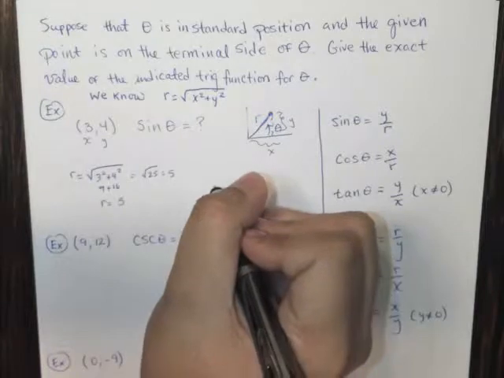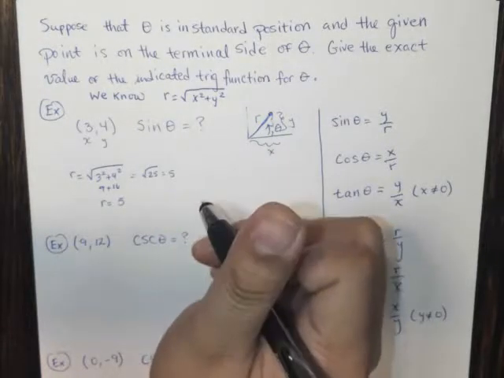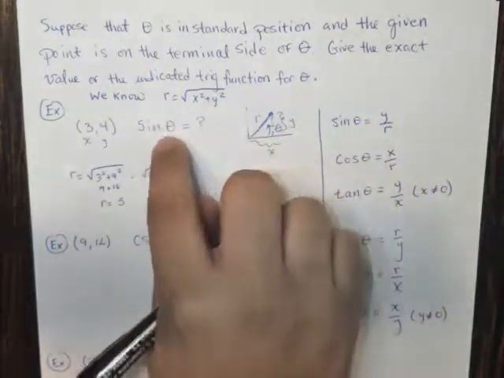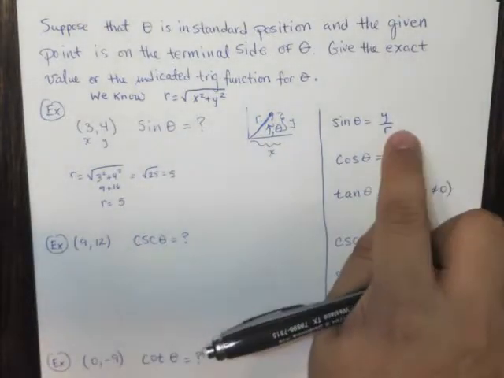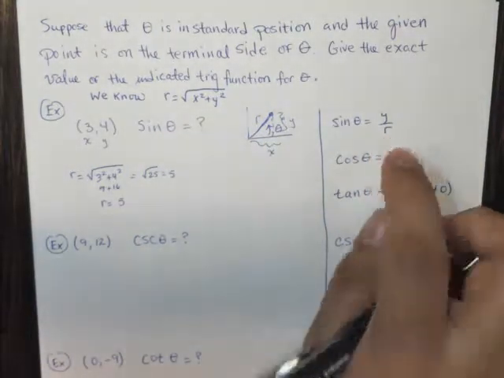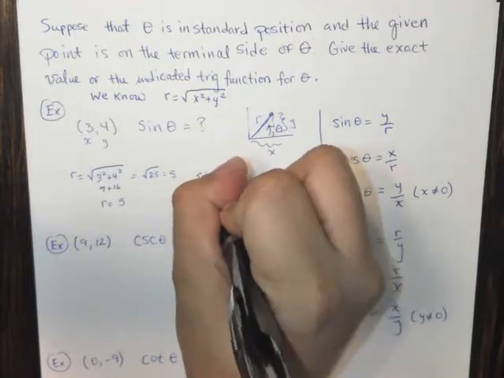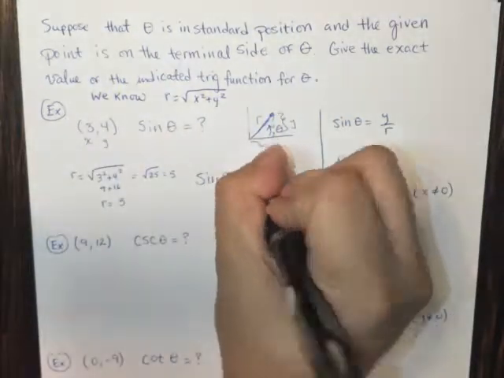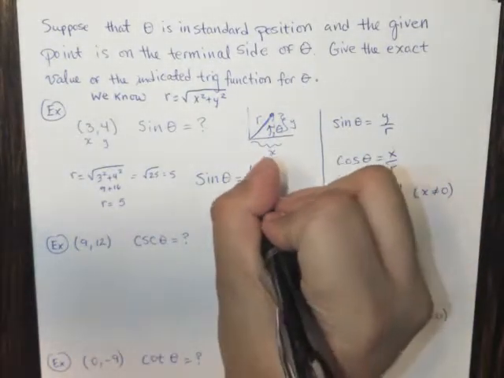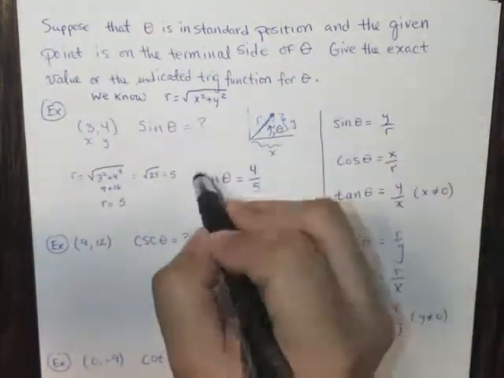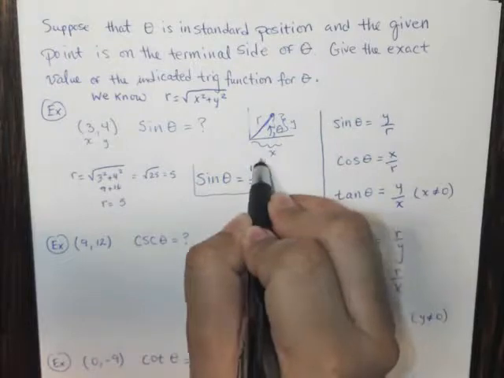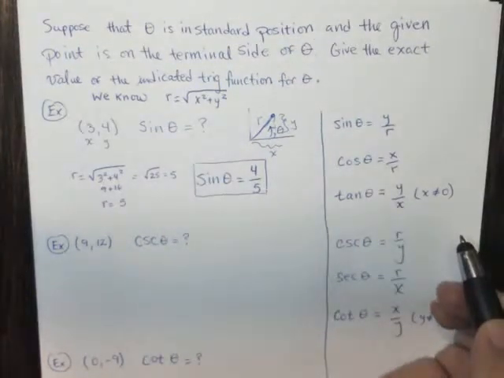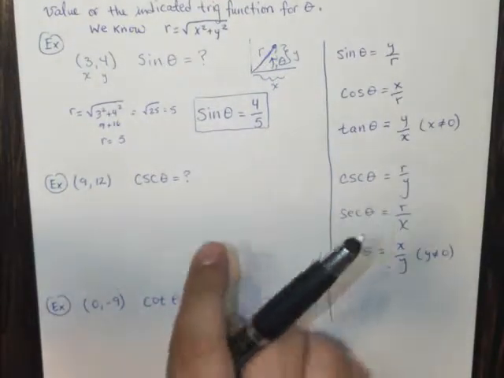And so really simply put, if we have r equal to 5, and sine of theta, based on this notation here, is y over r, then in this case, sine of theta will equal, y was 4, and r is 5, so sine theta equals 4/5. So it looks something like this. Okay, so pretty simple. All right, now let's take a look at the next example.